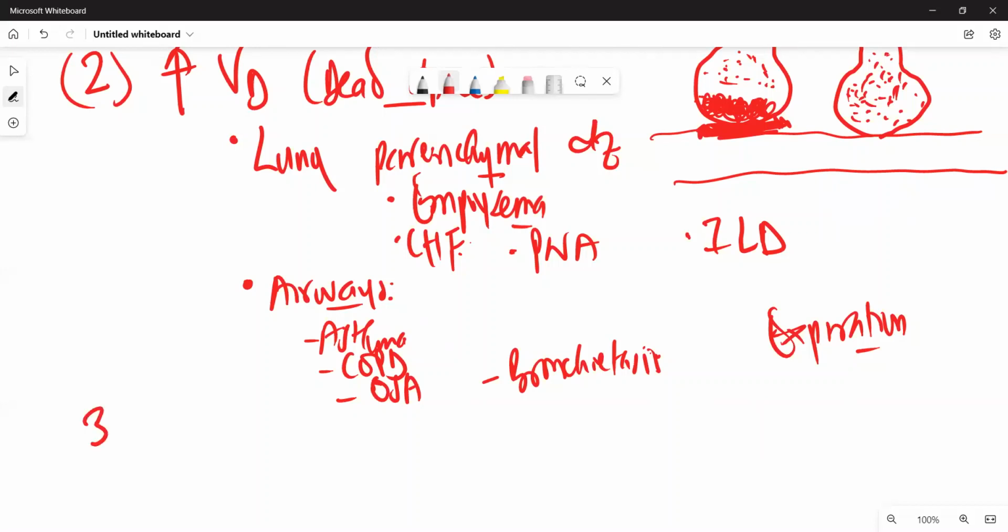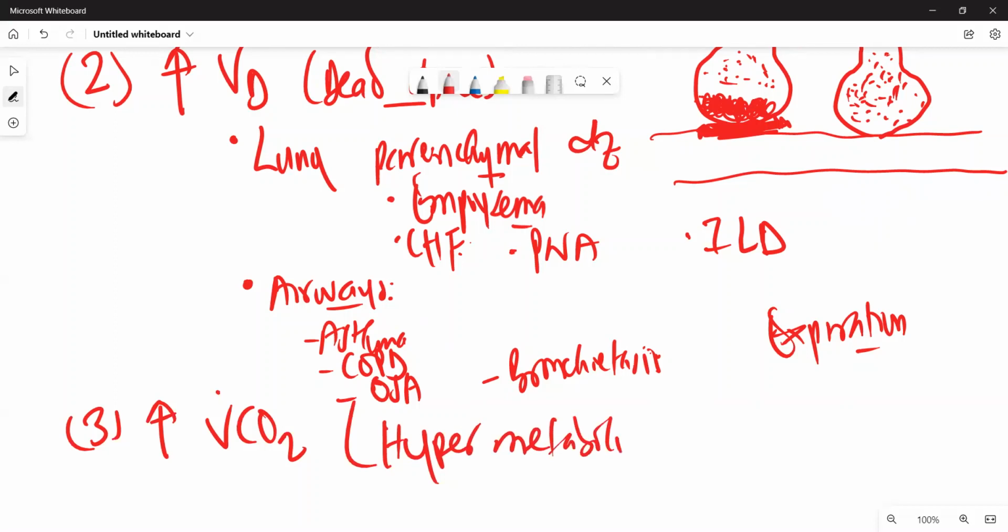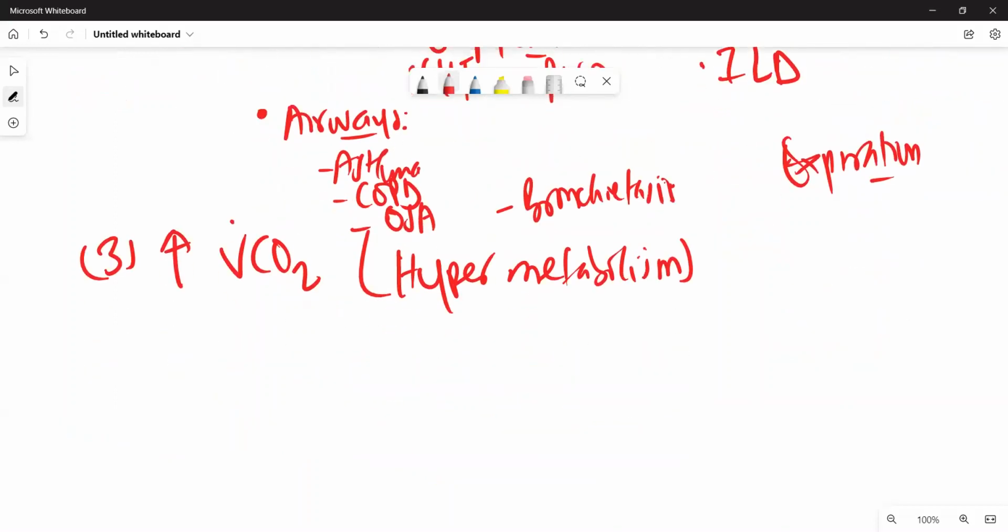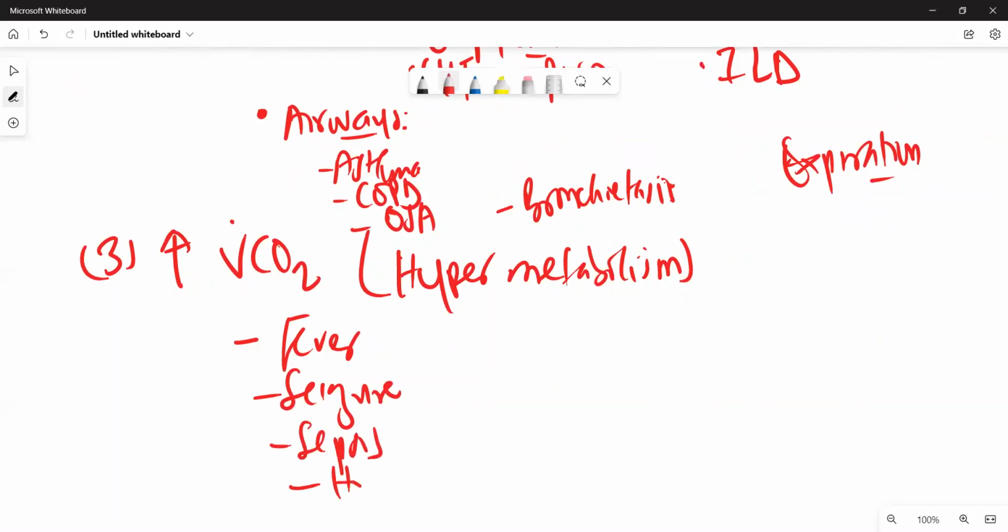And the last one that we're going to mention is the increase in carbon dioxide production, classically seen in hypermetabolism states. Examples of hypermetabolism states are fever, seizure disorder, sepsis, and hyperalimentation.